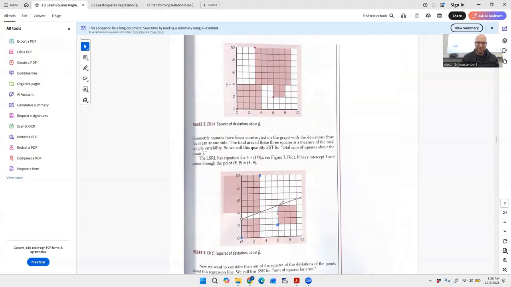The distance here is 3 to the predicted. Predicted is the line. So that's 9 squares. 9, 9, 36. The idea behind the least squares regression line is you are using the line that will give you the least squares.